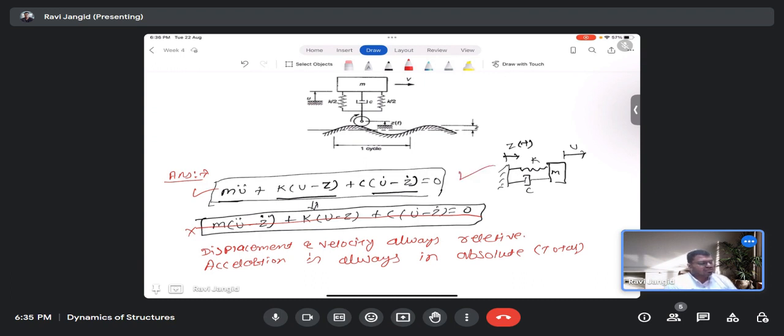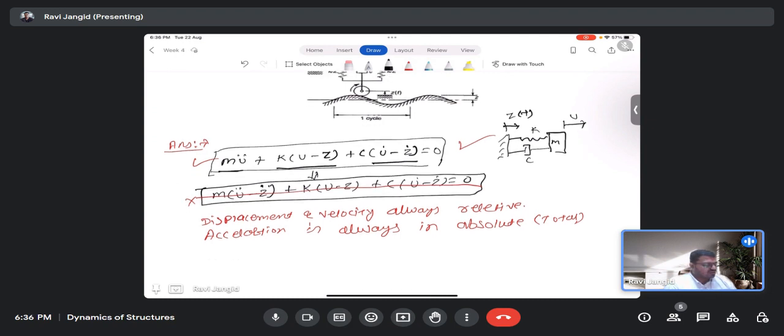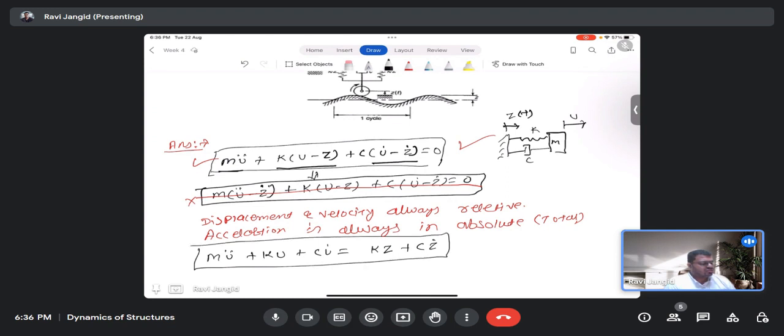If I write this equation further, it becomes m u double dot plus k u plus c u dot is equal to k z plus c z dot. Now you can solve this equation. This kind of solution is given to you in the week 4 content also.